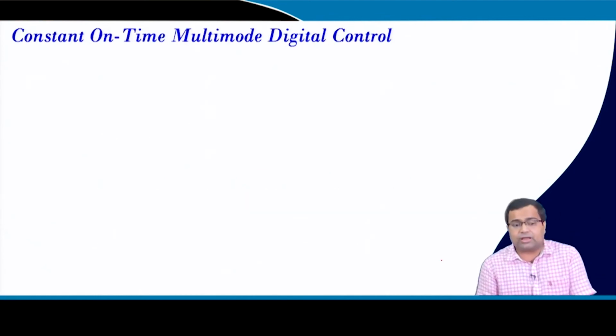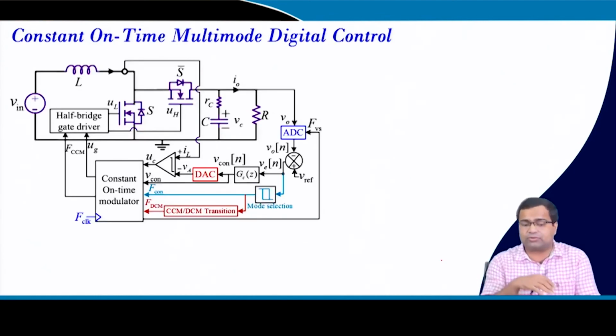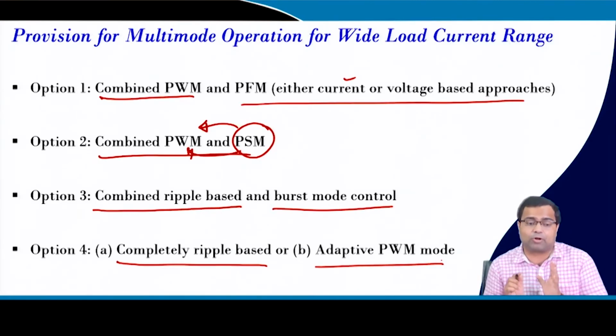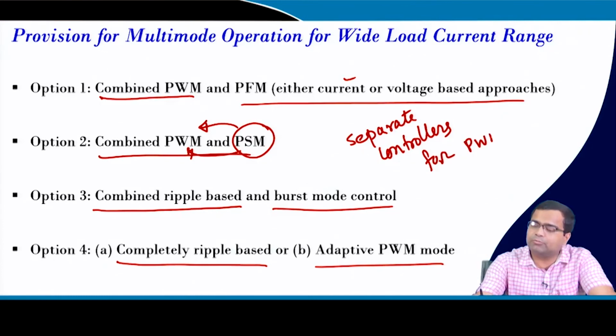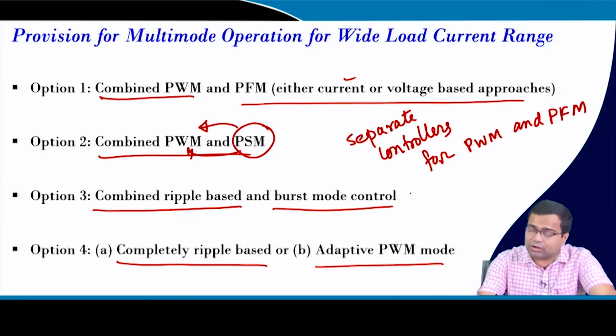Okay. So, I want to show one of the works that we have proposed here. Most of the problem in this multi-mode product is that they use separate controllers for PWM and PFM. As a result, what are the drawbacks?